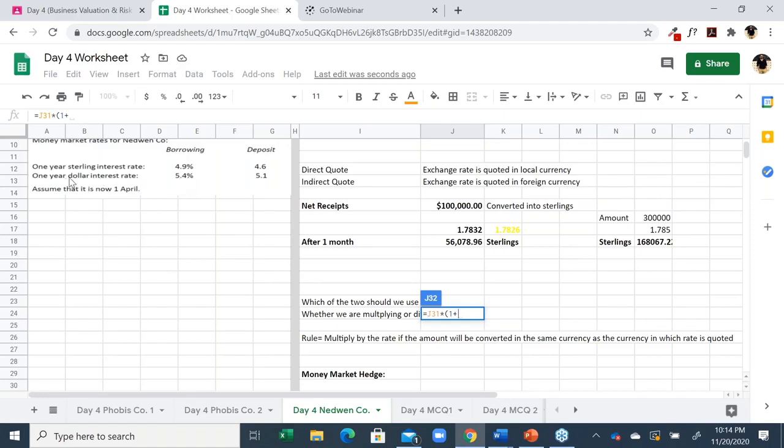And it is for 1 year, right? It's for 1 year, and we are borrowing for 3 months. Since we are borrowing dollars, therefore we should use the borrowing rate of dollars. Simple.